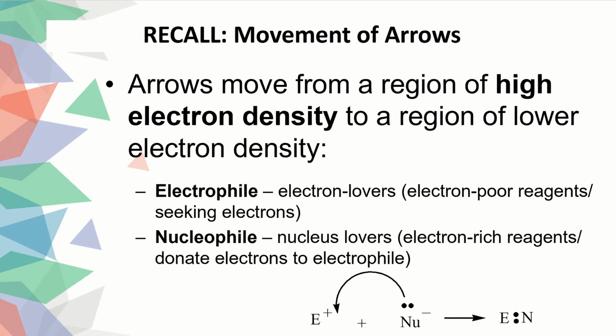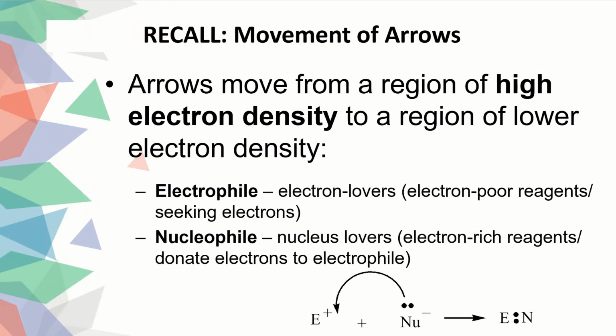So just to reinforce, arrows move from a region of high electron density to a region of lower electron density. And we also must recall these very key terms which I have been using. So just in case you have no idea what I'm talking about, electrophiles are electron lovers. They are electron poor reagents, or electron seeking.